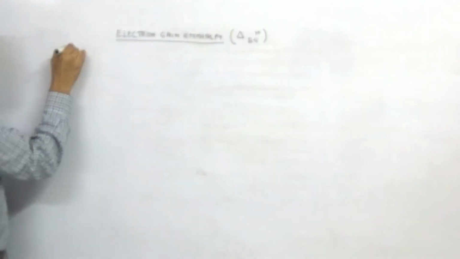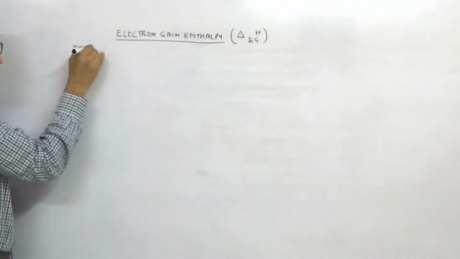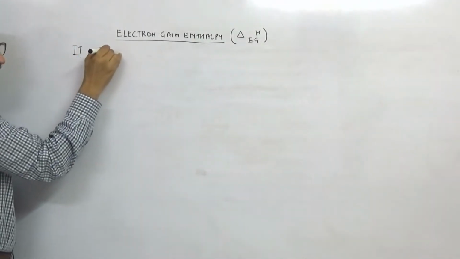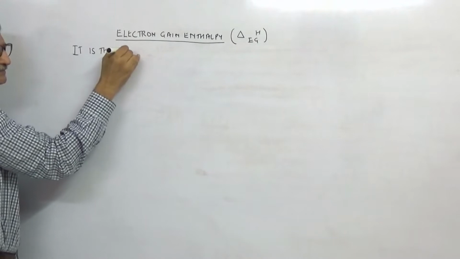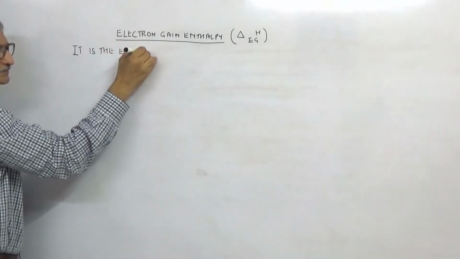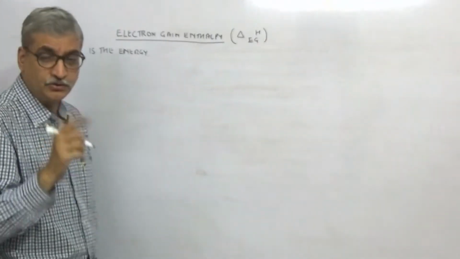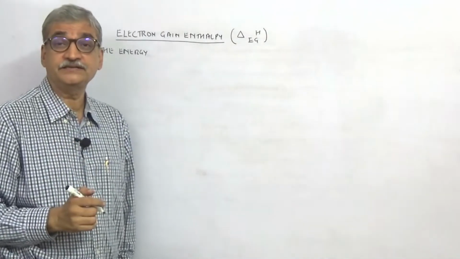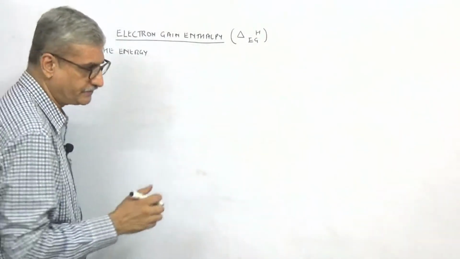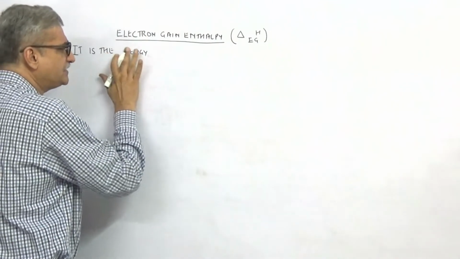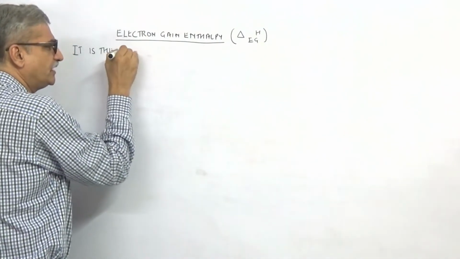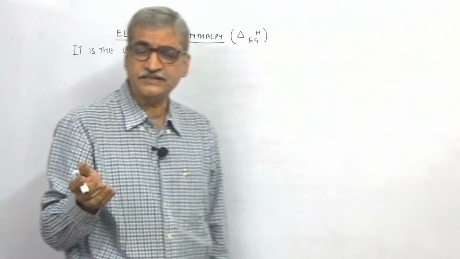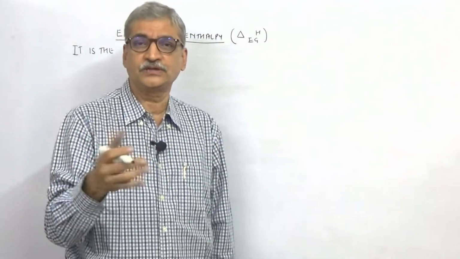How do you define electron gain enthalpy? It is the energy released. Generally, it is energy released. Two exceptions to the rule, when it is energy absorbed, that we will see. Or I'll say it is the enthalpy change. So we are very sure, enthalpy change can be exothermic or endothermic.